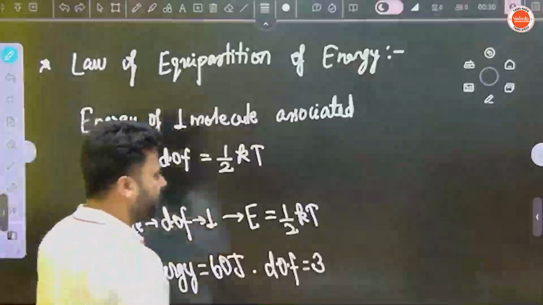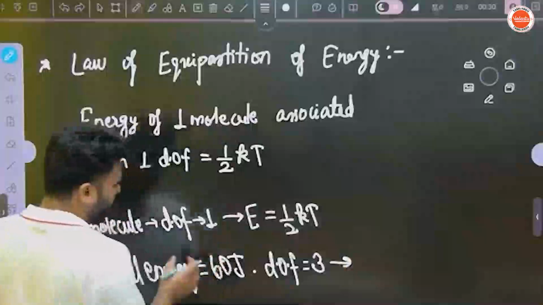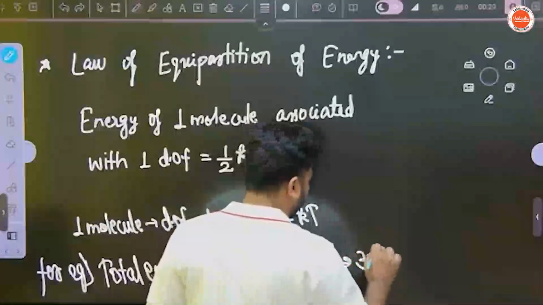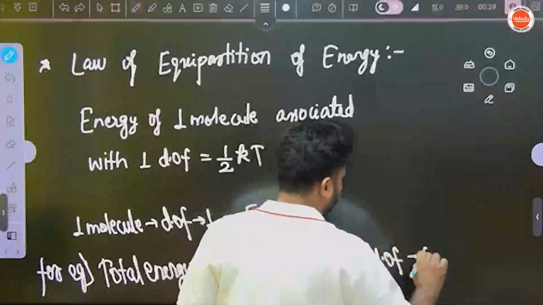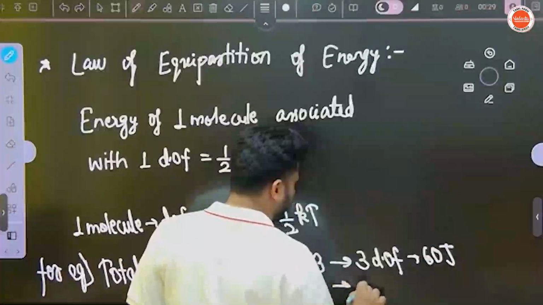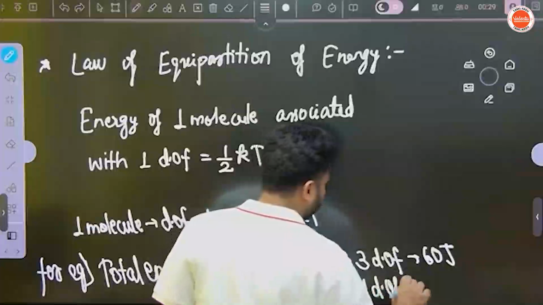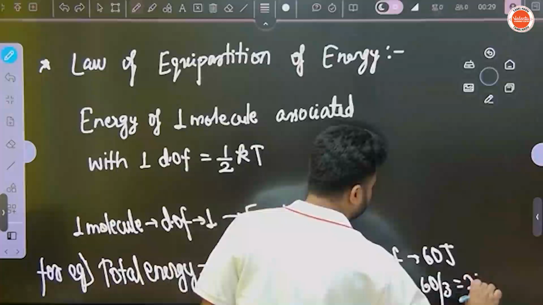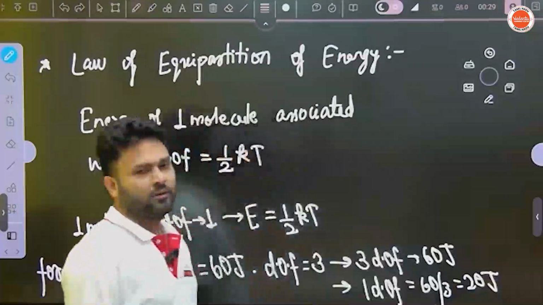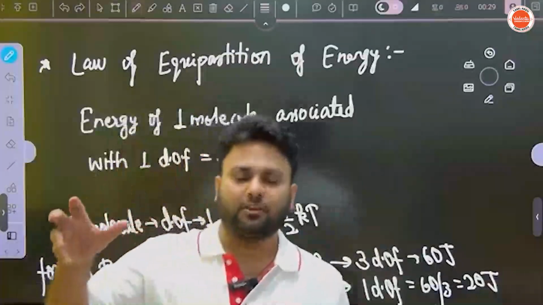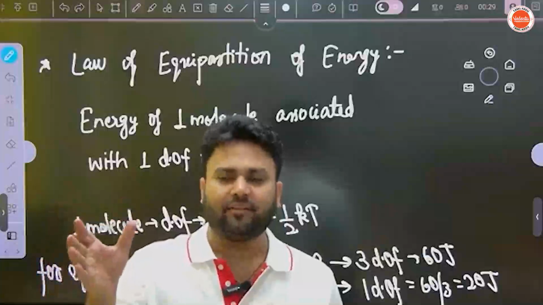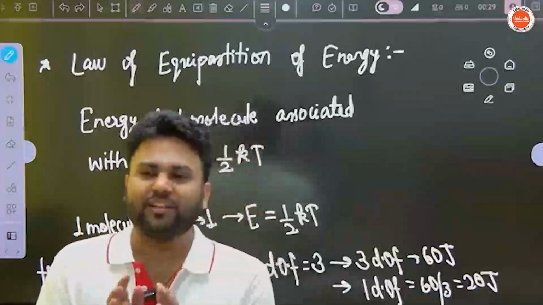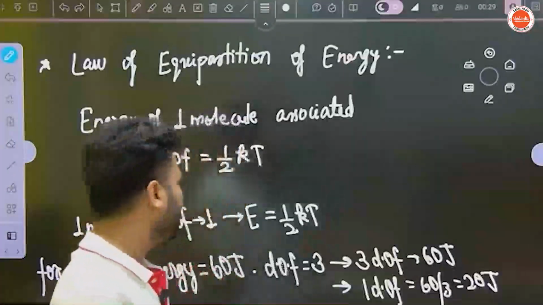So each degree of freedom will have 20, 20, 20. So 3 degrees of freedom have 60 joule, which means energy associated with 1 degree of freedom will be 60 divided by 3, that is 20 joule. So the energy associated with the molecule is divided equally for each degree of freedom, meaning each degree of freedom will have the same energy.